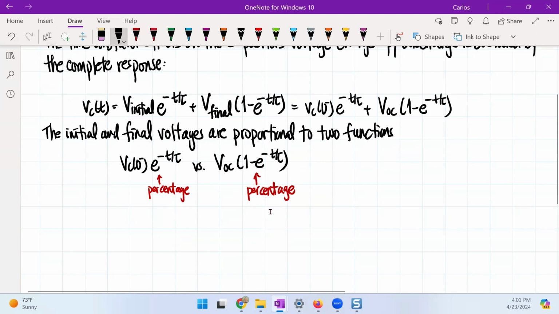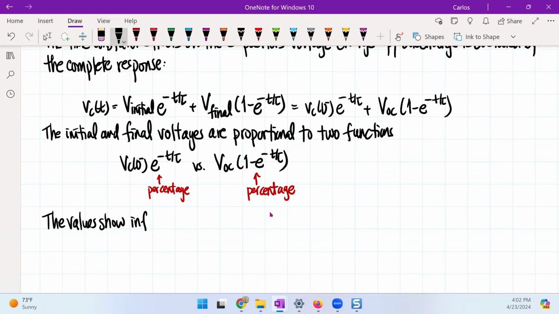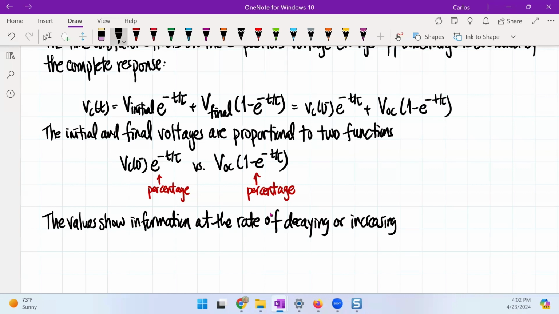And what we're finding here is that these values show information at the rate of decaying or increasing of the natural and forced response.